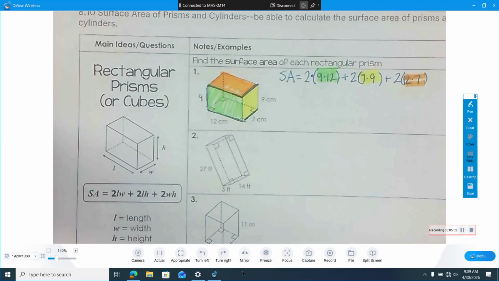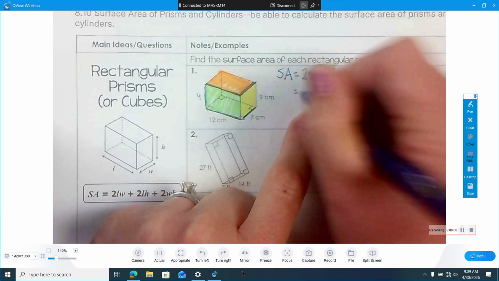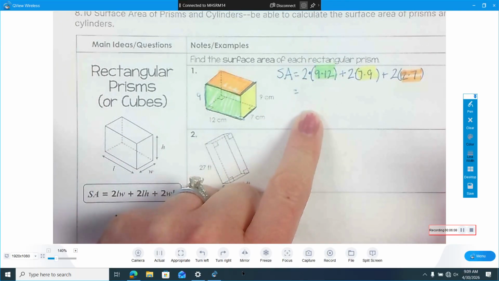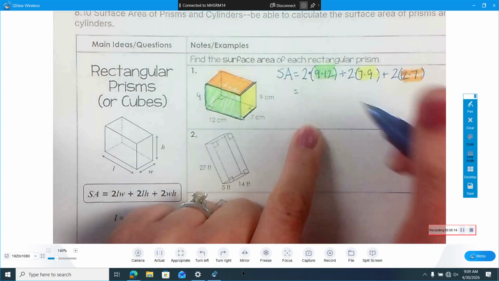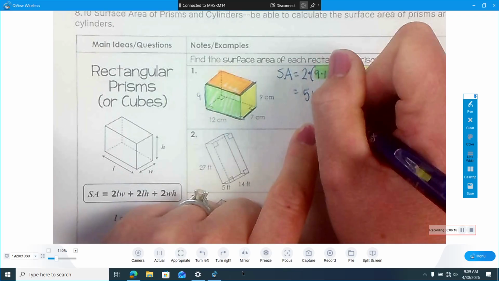So all you're doing is finding the area of each color, and there's always 2 of them in a rectangular prism. Will you go ahead and just plug that all in? You can plug it all into your calculator if you want to. It is 510. 510.